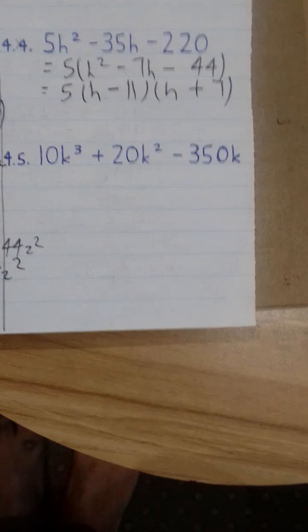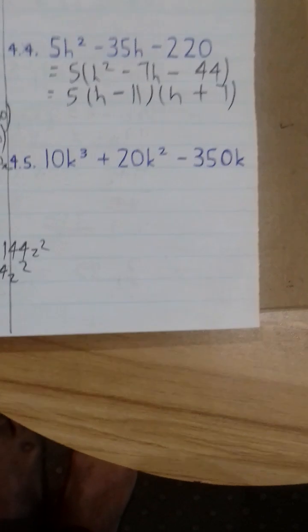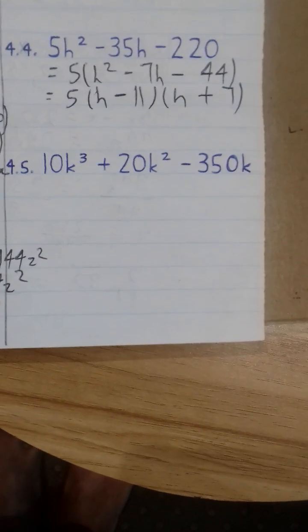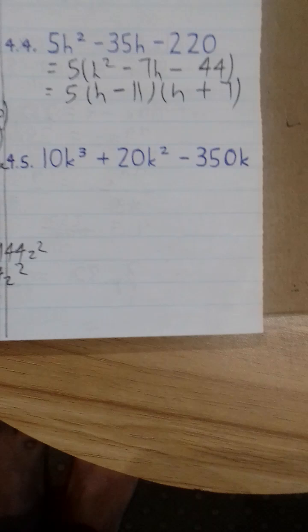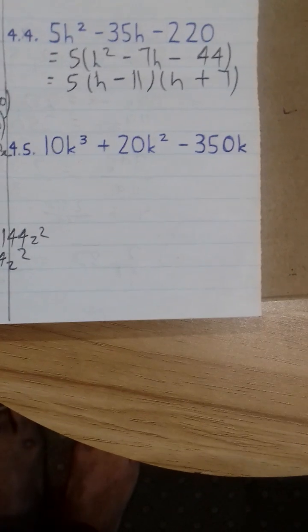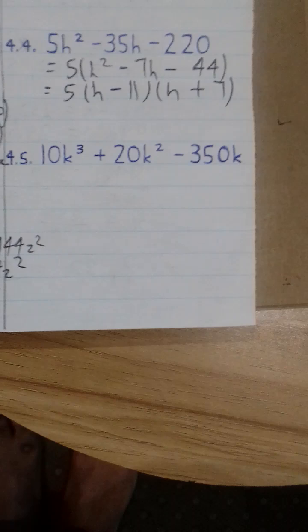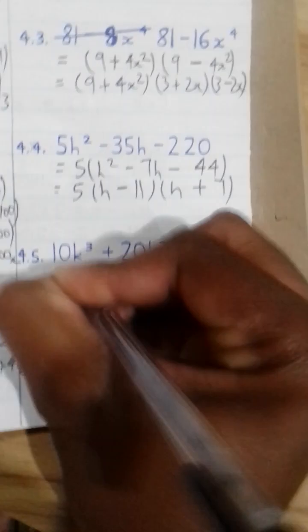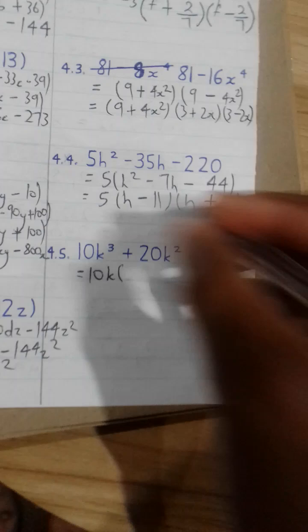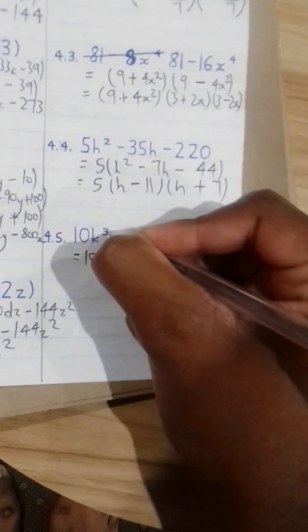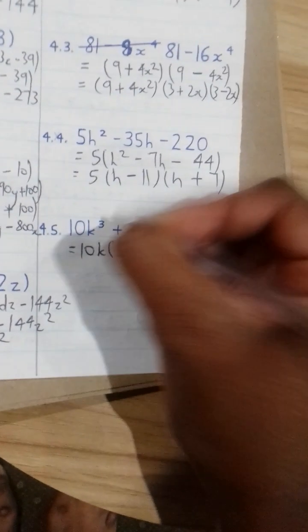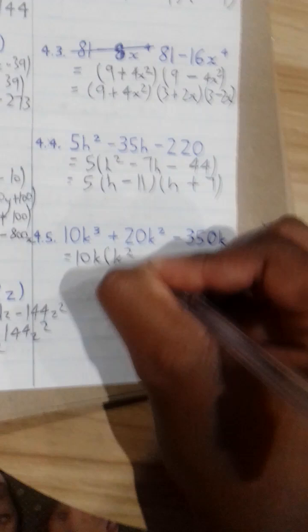4.5. 10k to the power of 3 plus 20k to the power of 2 minus 350k. So we have two common factors. That of a number is 10, that of an alphabet is k. So outside we're going to have 10k. 10 divided by 10 is 1. K to the power of 3 divided by k, k to the power of 3 minus 1 is k squared.